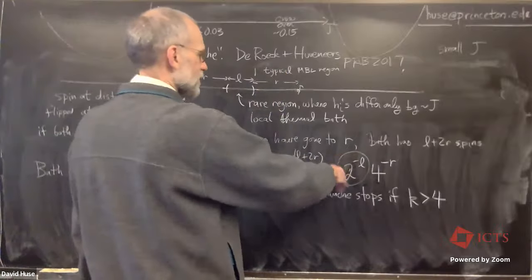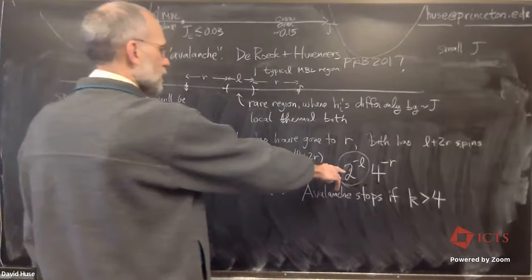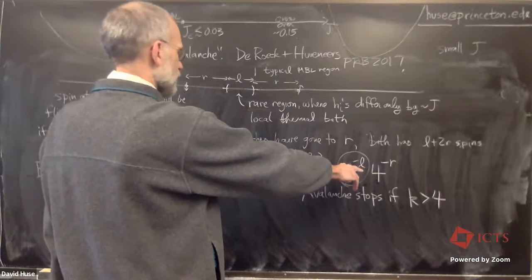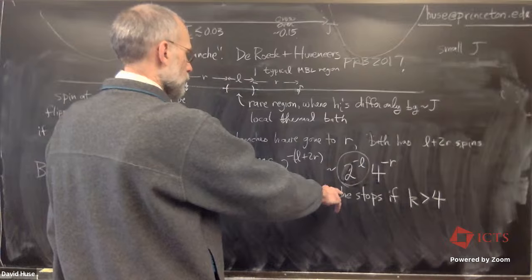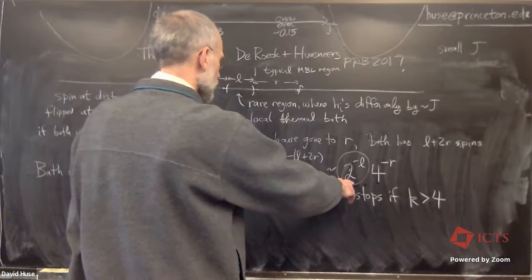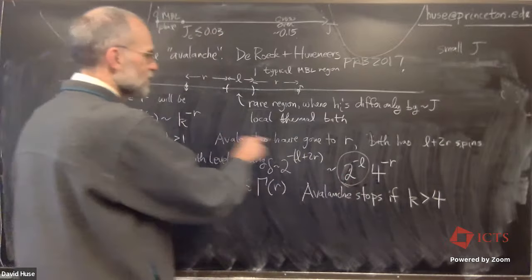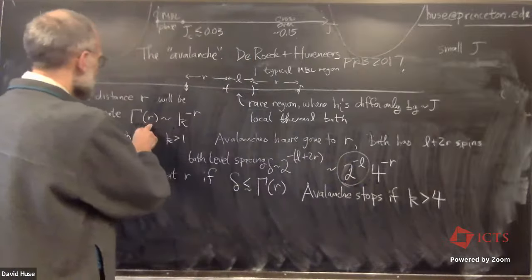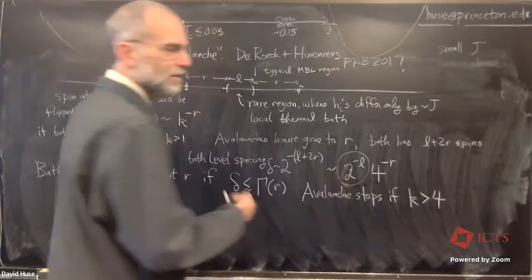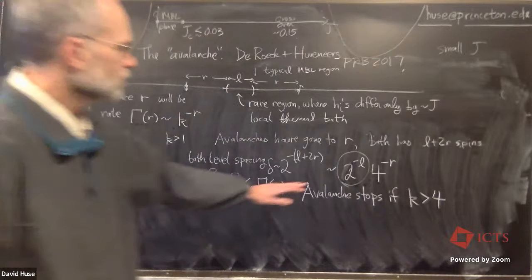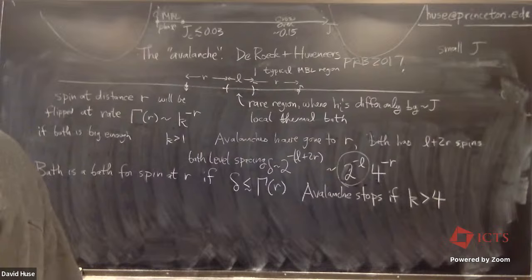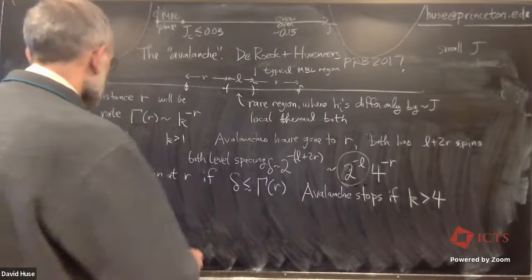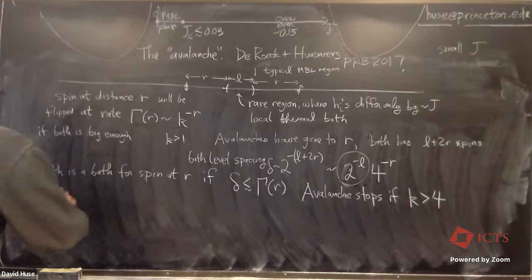So this starts off smaller. But if this decays faster than this, eventually this will become smaller than this and the avalanche will stop. So the avalanche will stop if K is bigger than 4.